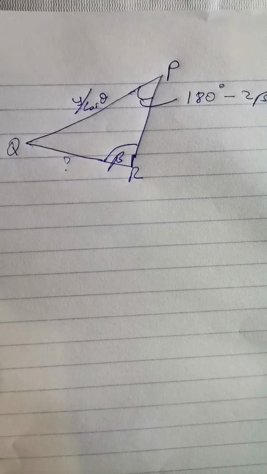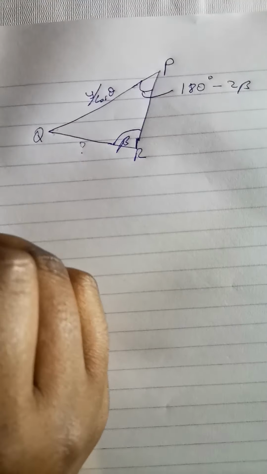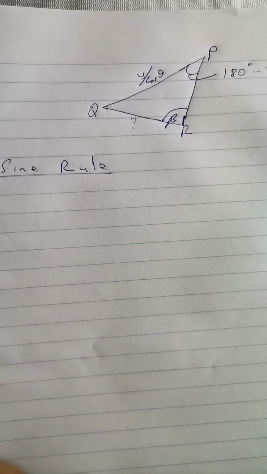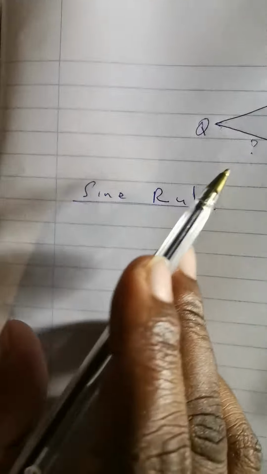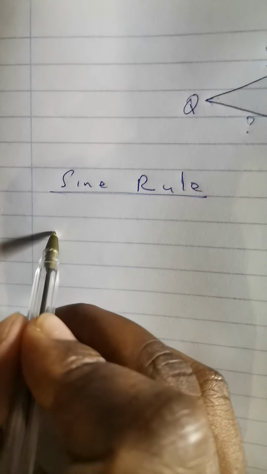So we're going to use the sine rule. You can actually use the cosine rule as well, but I think the sine rule will be easier. So we will put the lines as numerators because we are looking for QR, which is a line.